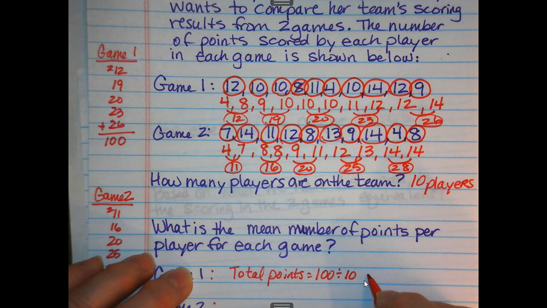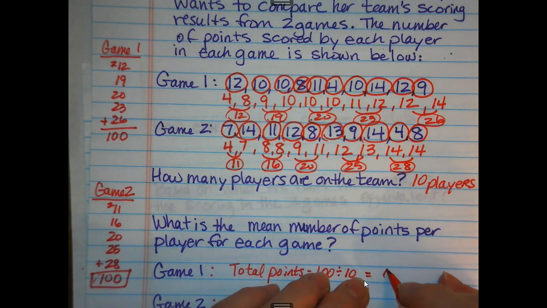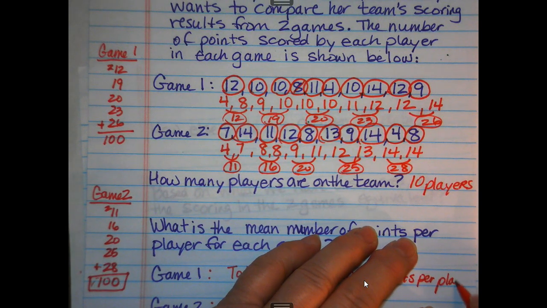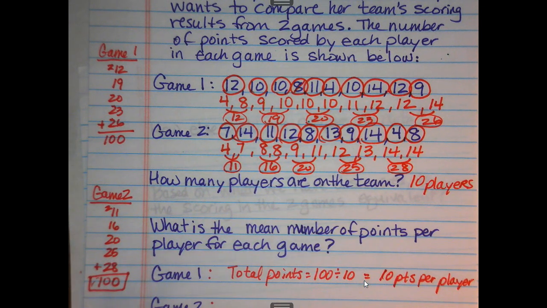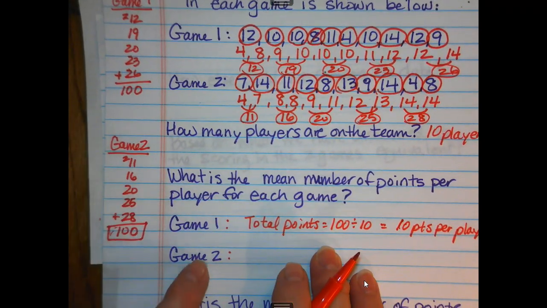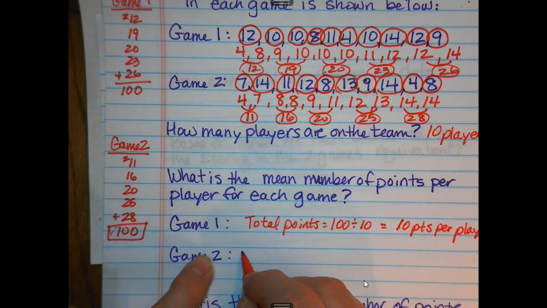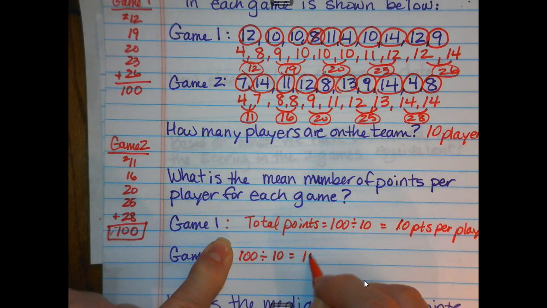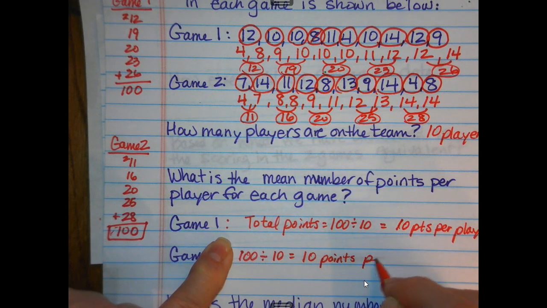So 100 divided by 10 equals 10 points per player. And then for game 2, I have 100 divided by 10 also equals 10 points per player.